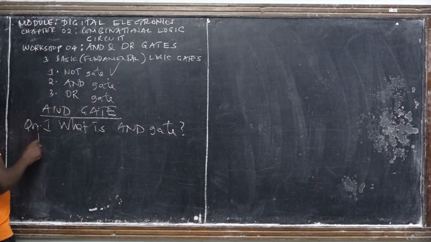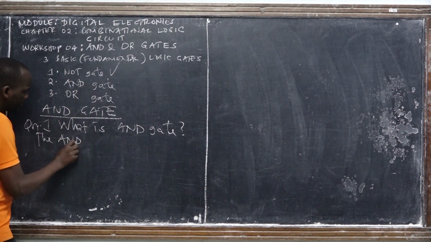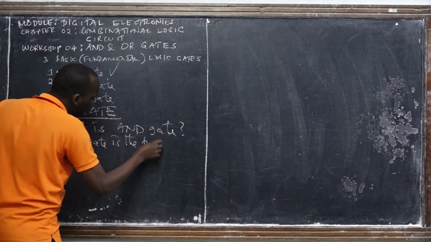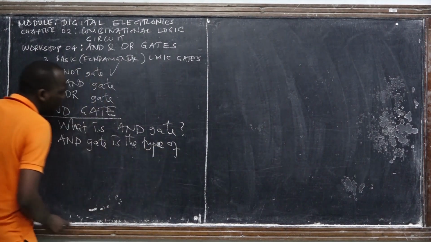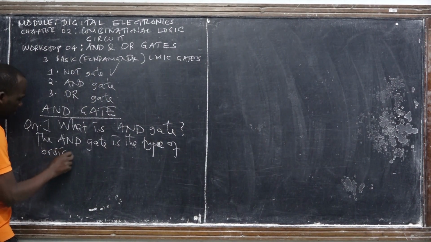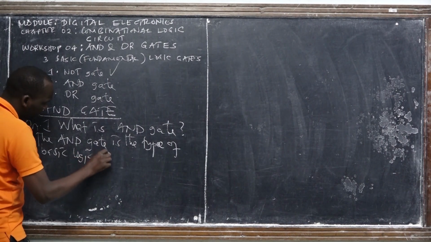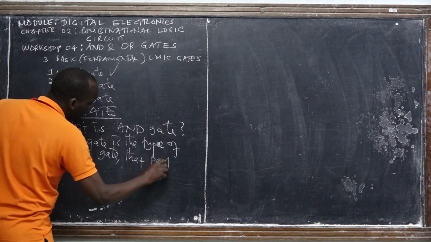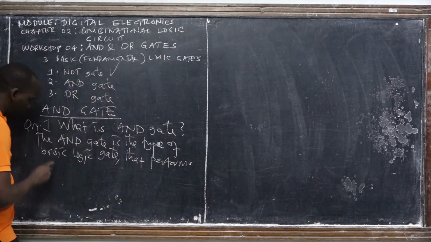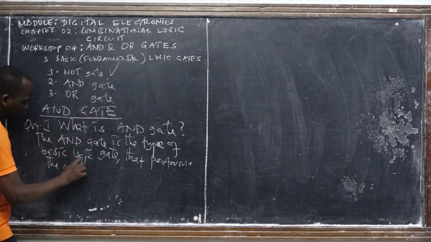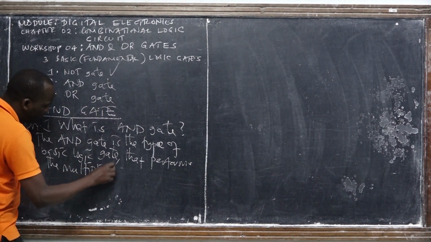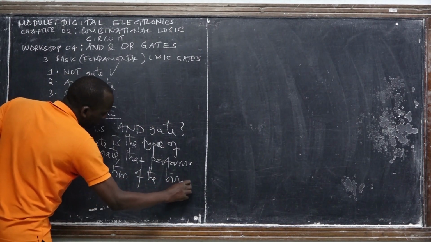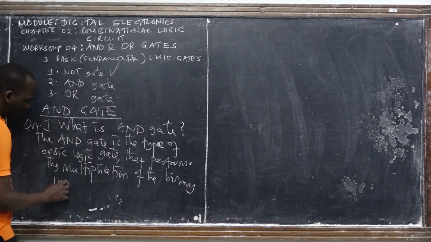Simply said, the AND gate is one of the types of basic logic gates that performs the multiplication, the binary multiplication of the binary inputs.